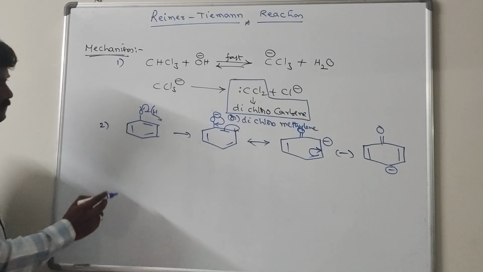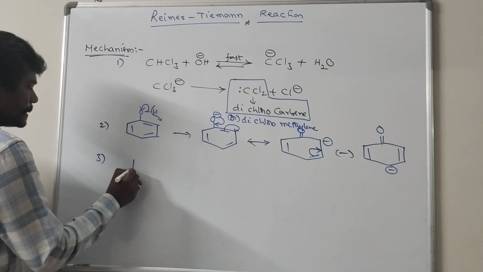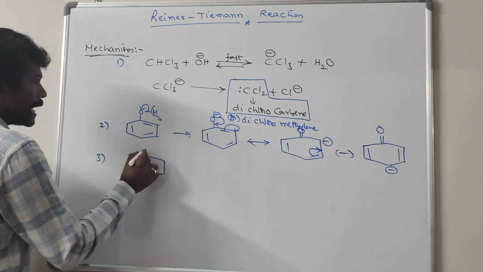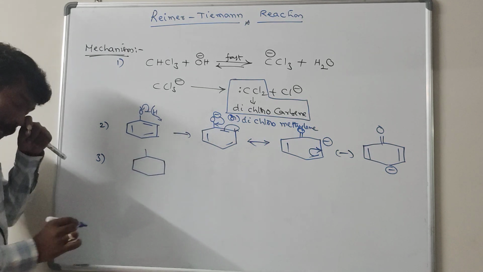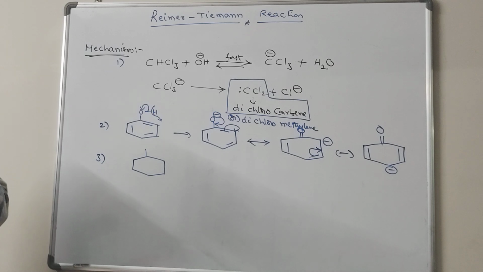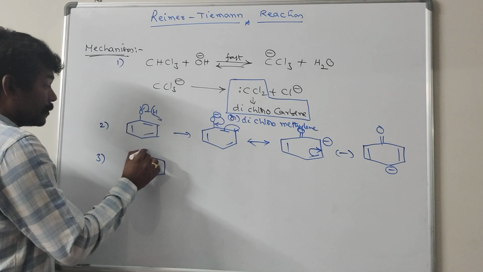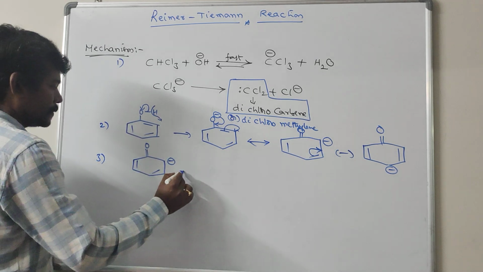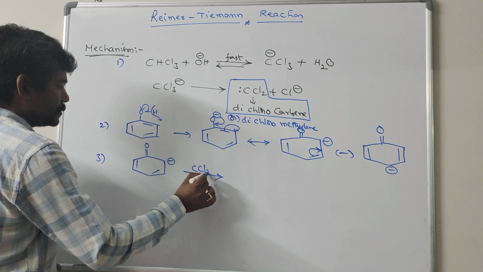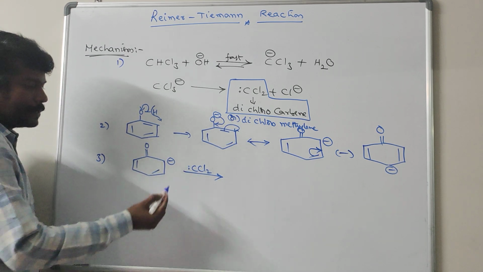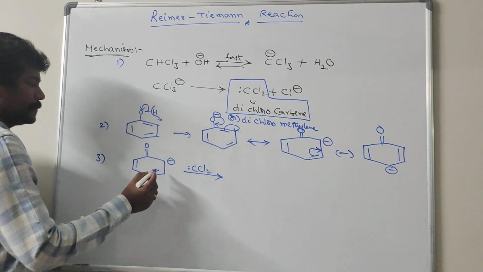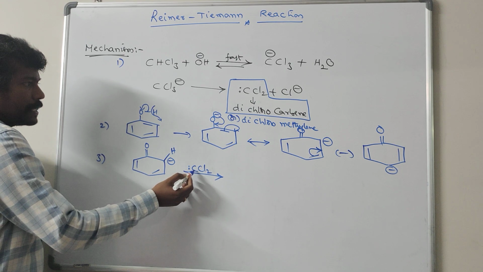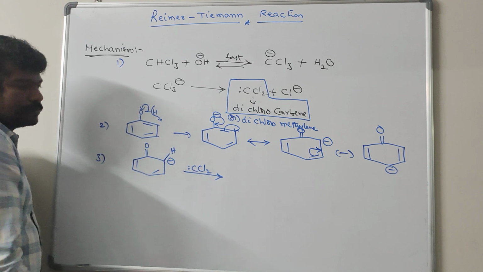In the third step, dichlorocarbene attacks at the ortho position. CCl2 carbon contains one lone pair of electrons. Dichlorocarbene, or dichloromethylene, attacks the ortho position.